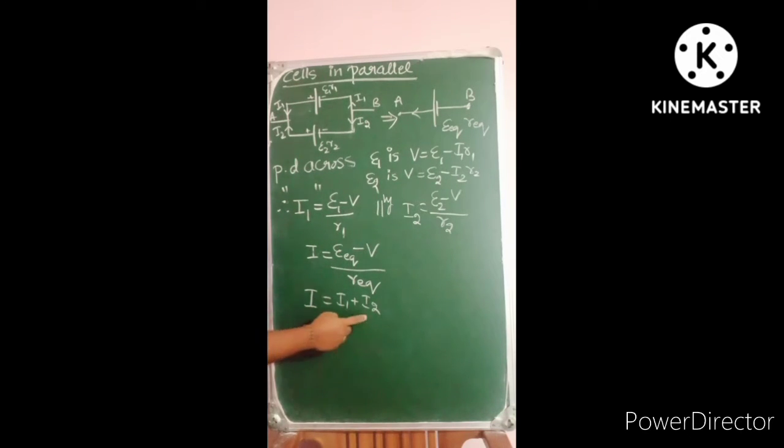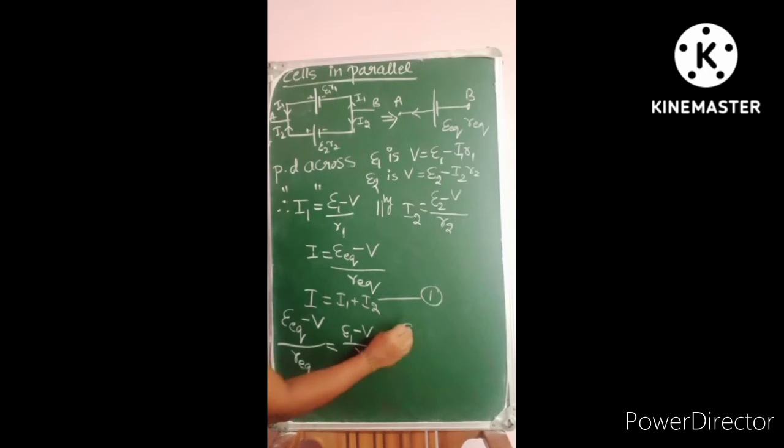We already have the values of I1 and I2, and I also we know. Substitute all three values in equation number 1. It becomes I equals E equivalent minus V divided by R equivalent, equal to E1 minus V divided by R1 plus E2 minus V divided by R2.